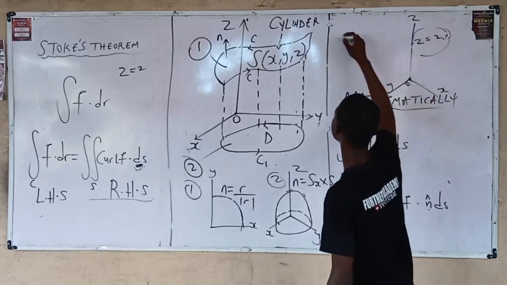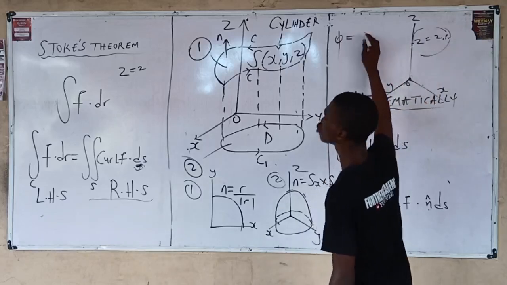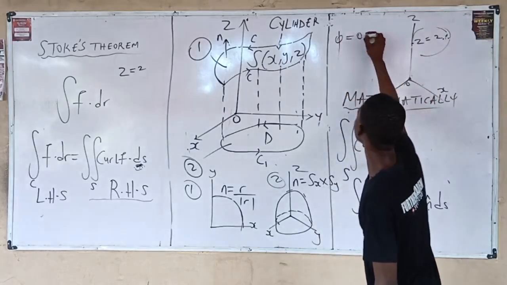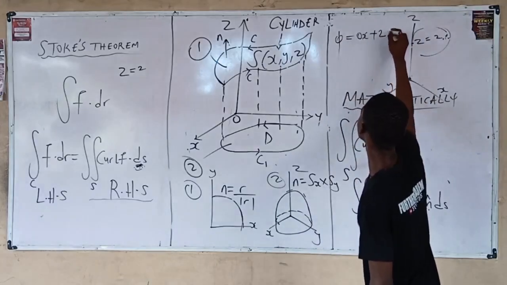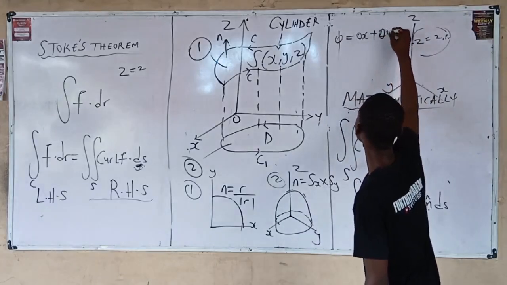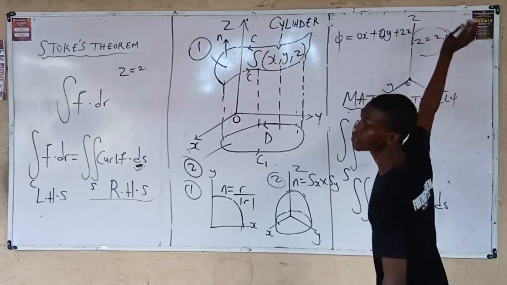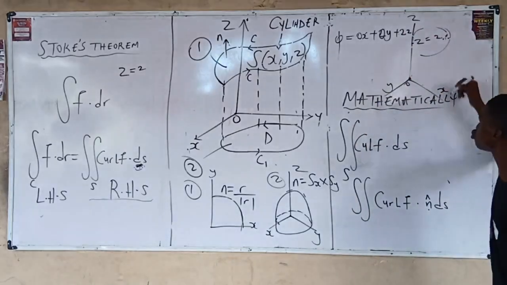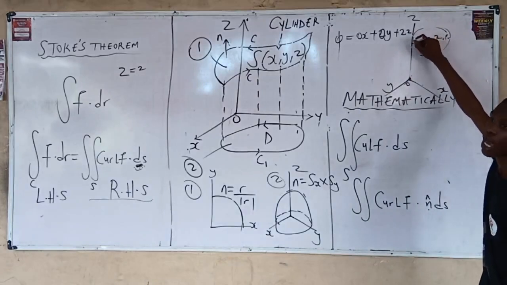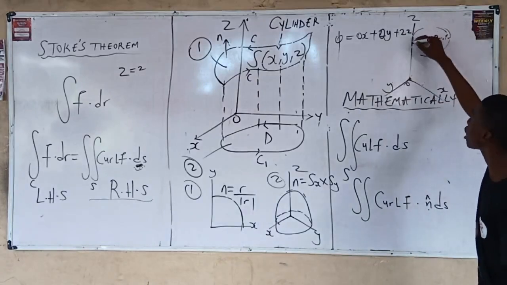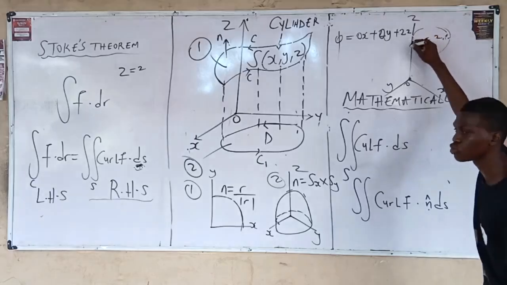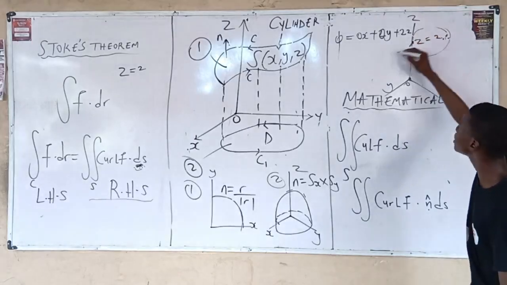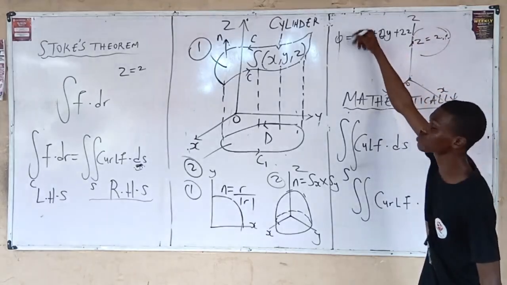Let's define this scalar as saying phi is equal to 0x plus 0y plus 2z, right? I'm given z is equal to 2 in the question, meaning it's at the top. What I want to do with this is convert this scalar given to a vector field. So I'm now saying let's define it with a particular parameter.